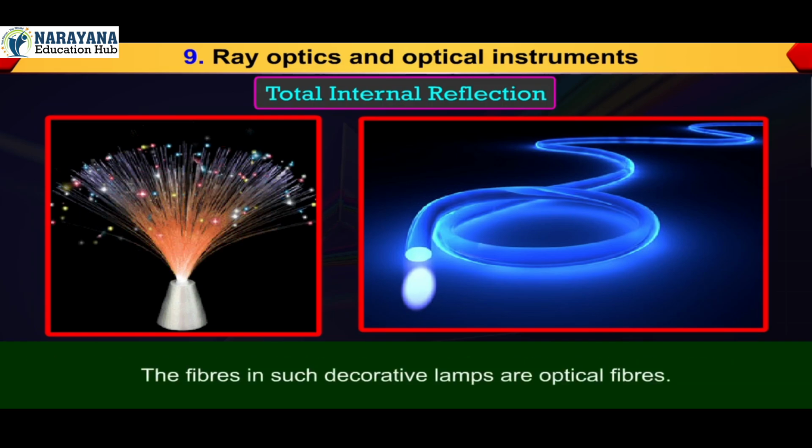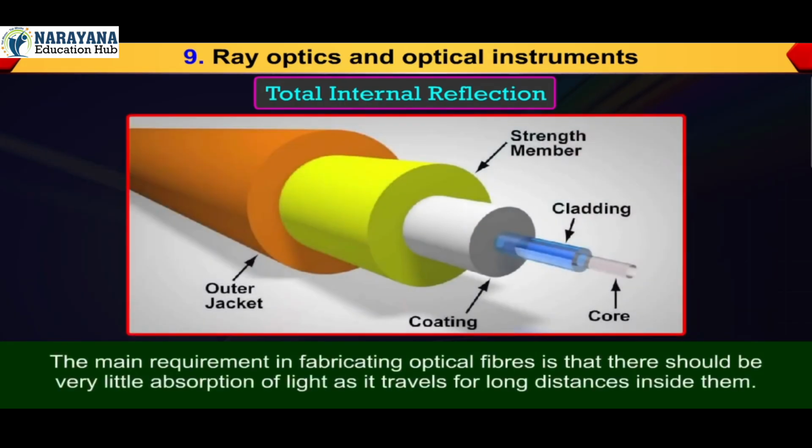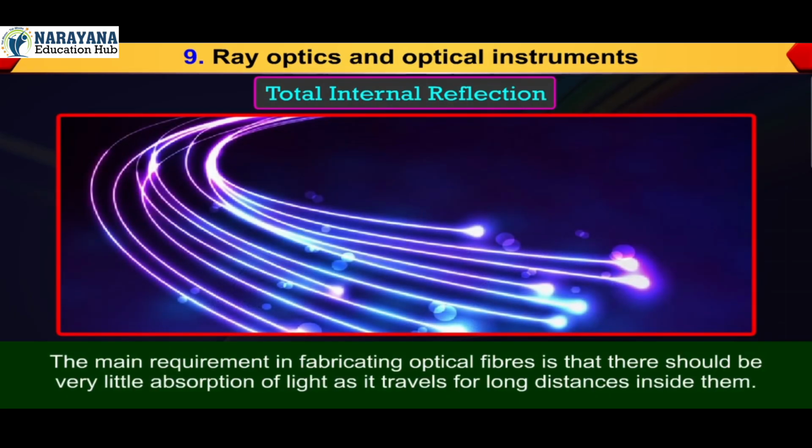The fibers in such decorative lamps are optical fibers. The main requirement in fabricating optical fibers is that there should be very little absorption of light as it travels for long distances inside them.